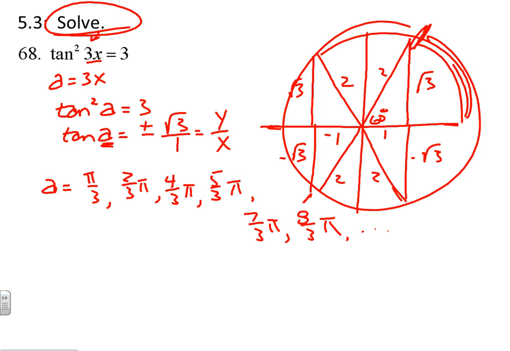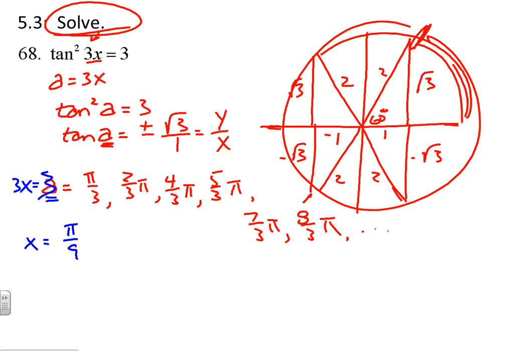Again, we want all solutions, so we're going to have to do this multiple revolution thing. But important, I'm not really interested in what a is. I'm interested in what x is, and so this is really 3x. So to solve for x, I could divide by 3.